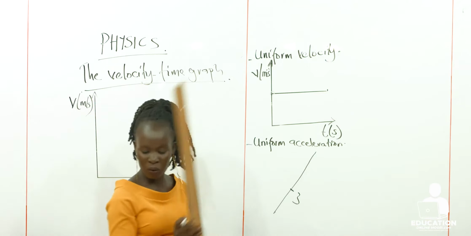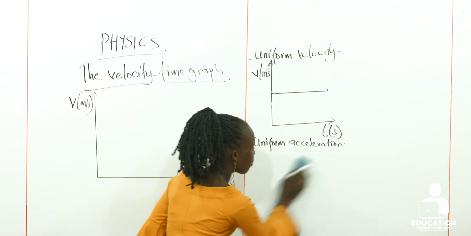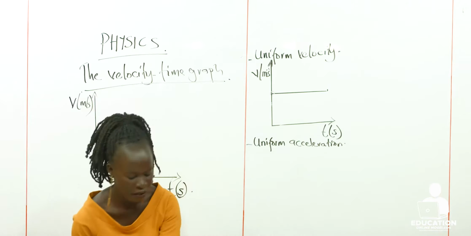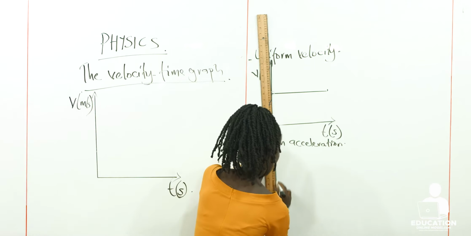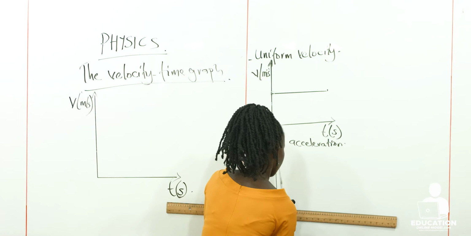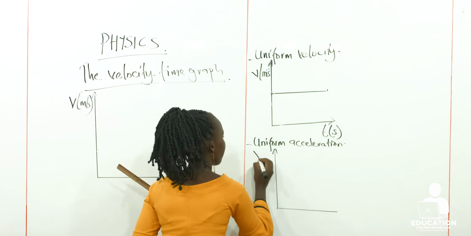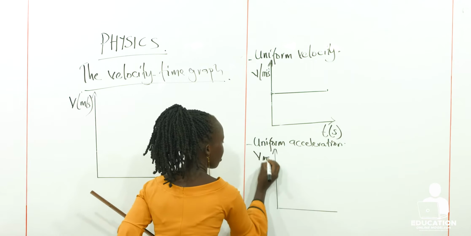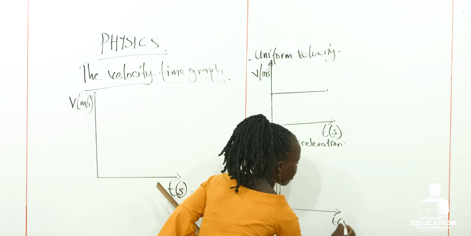So let us see how we shall indicate the uniform acceleration on our velocity time graph. We shall have it like this, where we have our velocity here in meters per second, then we have our time.